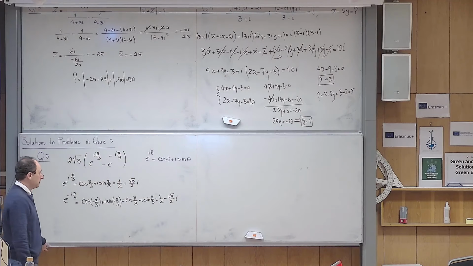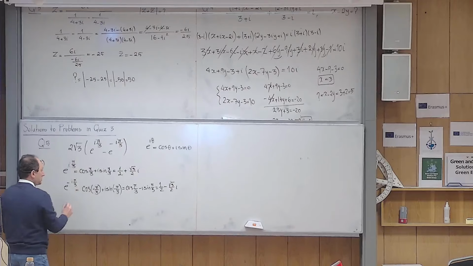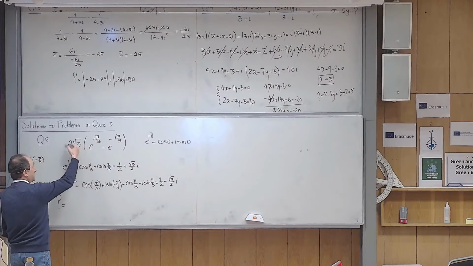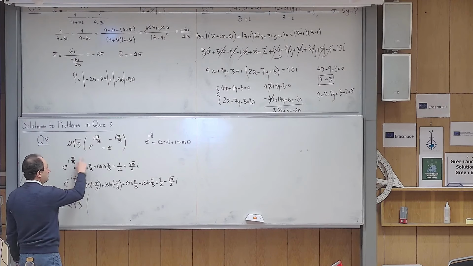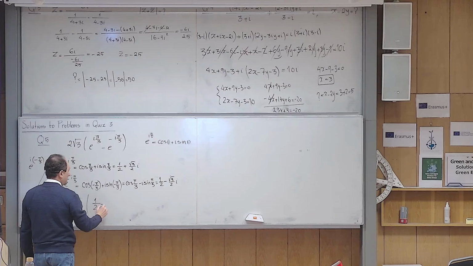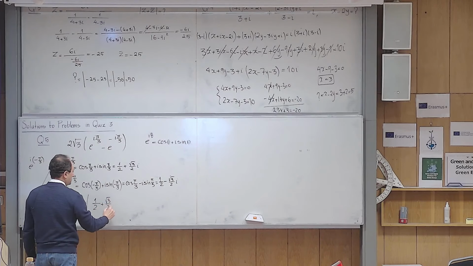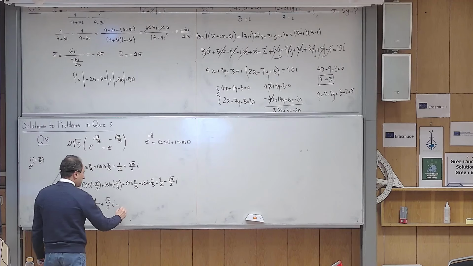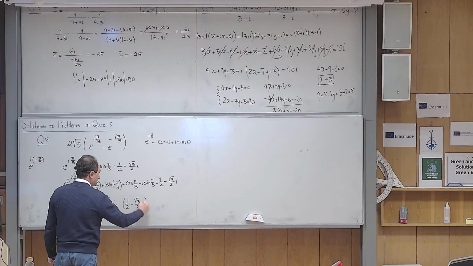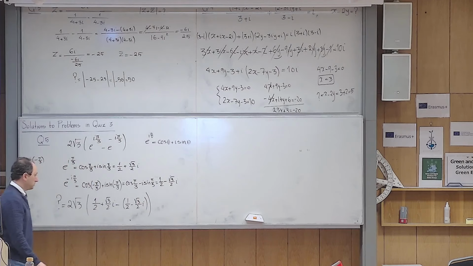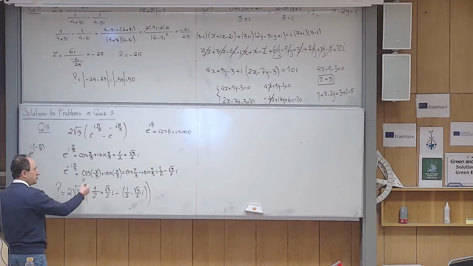Okay? Now this is the question mark. So the question mark is 2 square root of 3, and then the first number, 1 over 2 plus square root of 3 over 2 i, minus the second number. Yes? But this is extremely simple. So you see it was nothing actually.